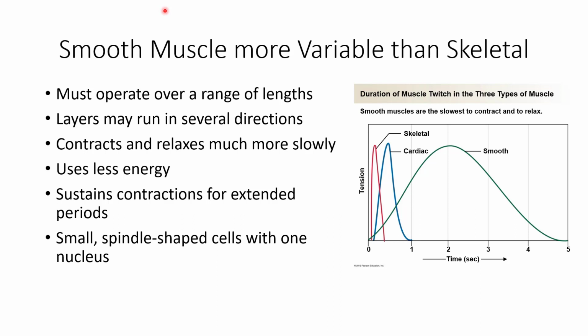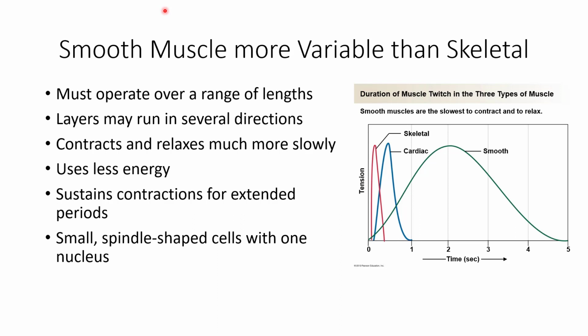Now, the rest of this chapter looks at differences between our smooth muscle versus our skeletal muscle, and how those are different from both an anatomical perspective as well as how their contraction is generated.